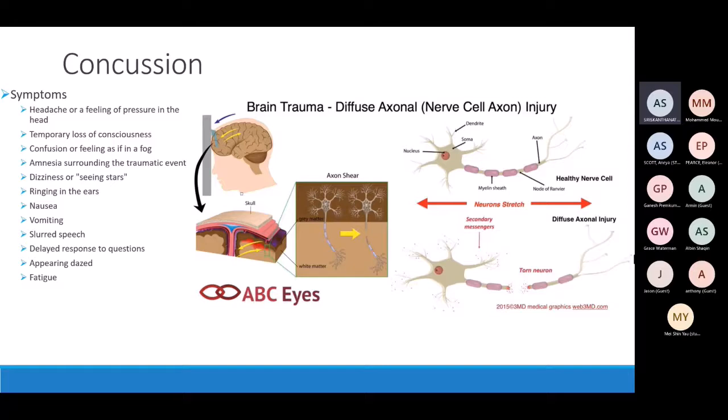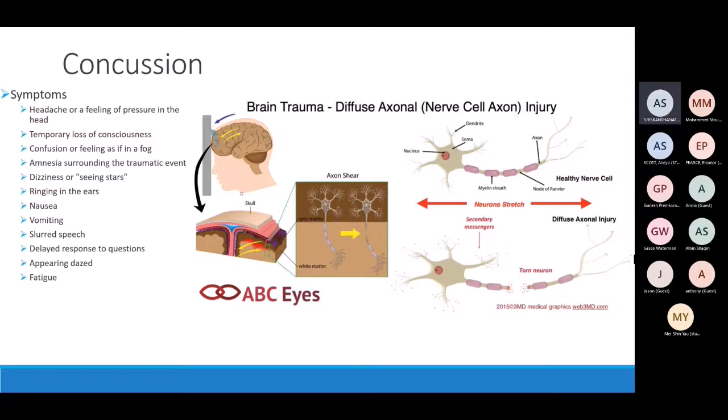In terms of the mechanism, if you imagine you've hit your head, what happens is the brain's just sitting there in some fluid and it rocks forward and then goes back. So you get this injury on both sides of your brain, so the front and back, or if it's going side to side, one side and the other as well.